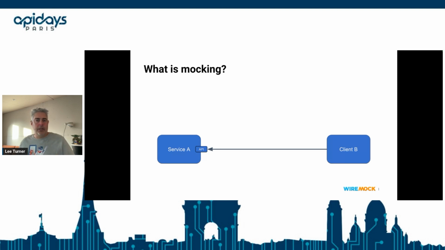Now, given the scenario we just spoke about before, service A would have to have been shipped or at least partially started and partial functionality shipped before the client could start.